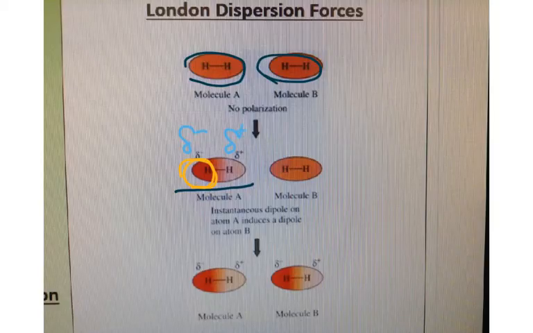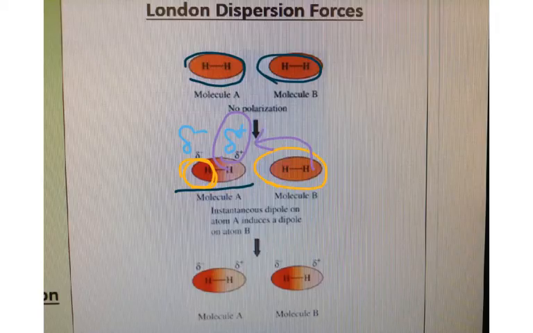On the other hand, the molecule on the right has no dipole moment at the time because the electrons are evenly distributed. Well, what happens though is that because this particle on the left is slightly positive, the electrons on the particle on the right are going to be more attracted to that particle.